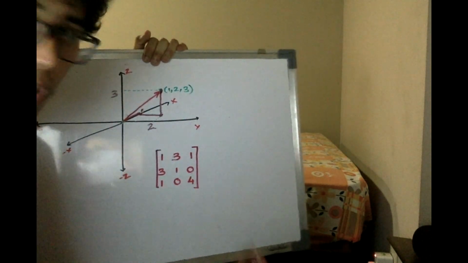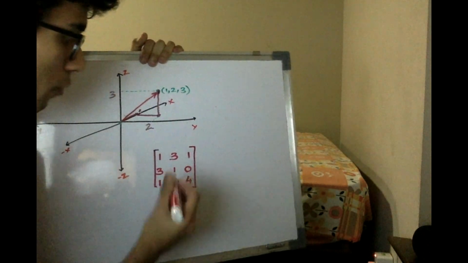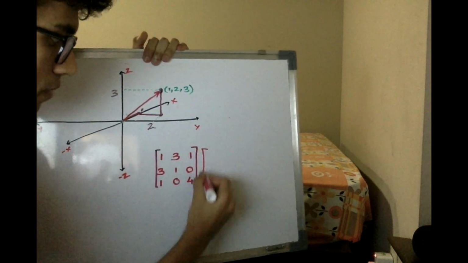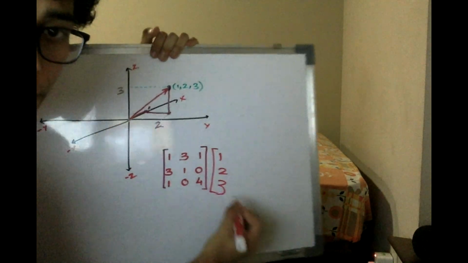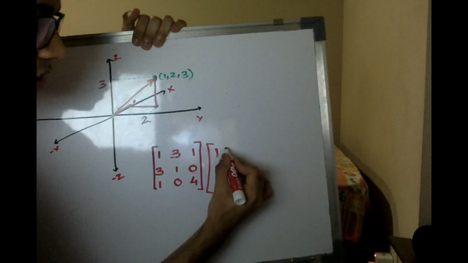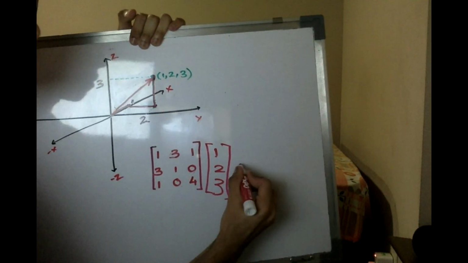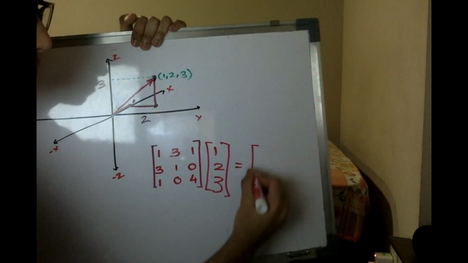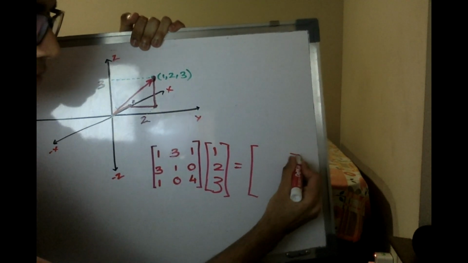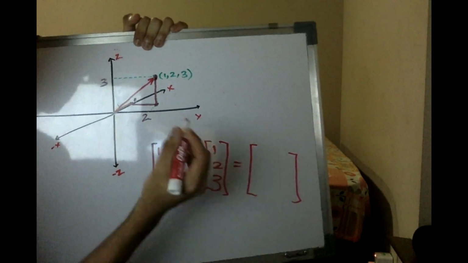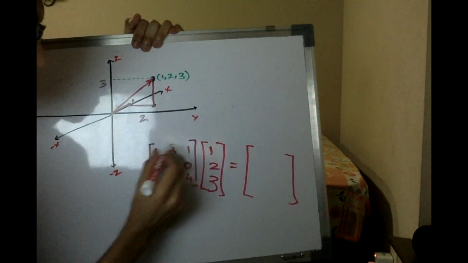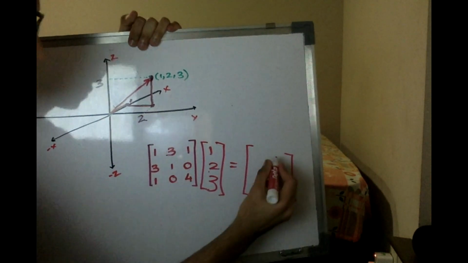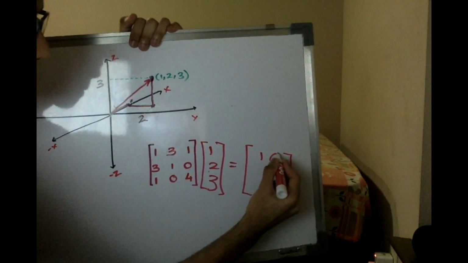And now let's see what happens to this vector when I operate on it with this 3 by 3 matrix. 1, 2, 3 are my x, y, and z components. This will be equal to my new, brand new vector, which will be spit out by this matrix and this vector. 1 plus 6 plus 3, 10.